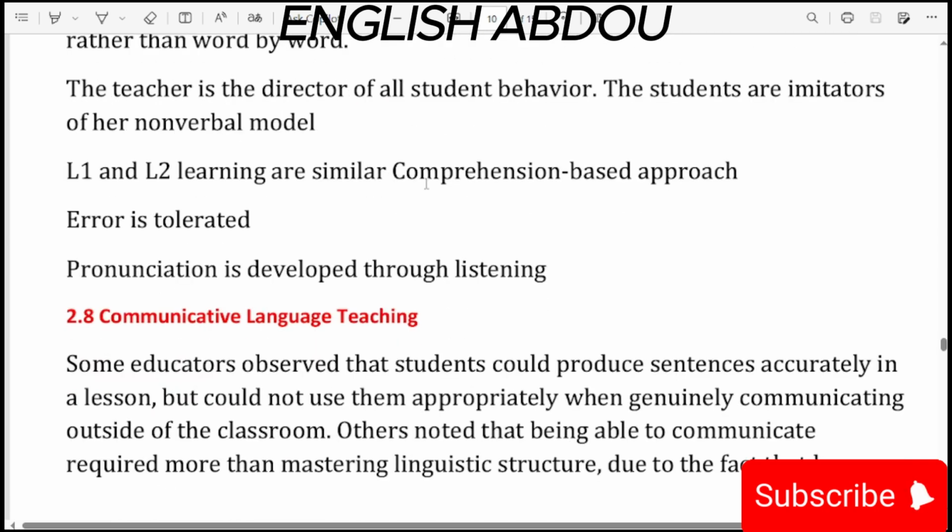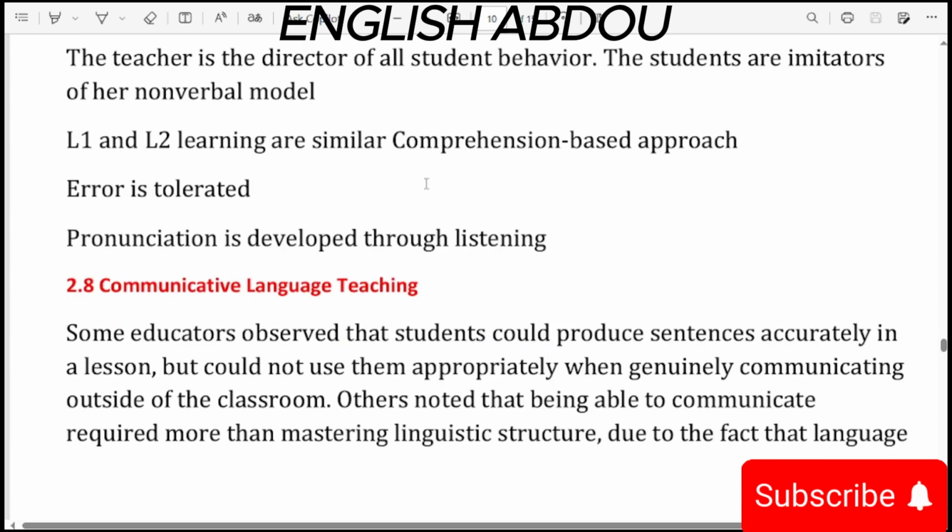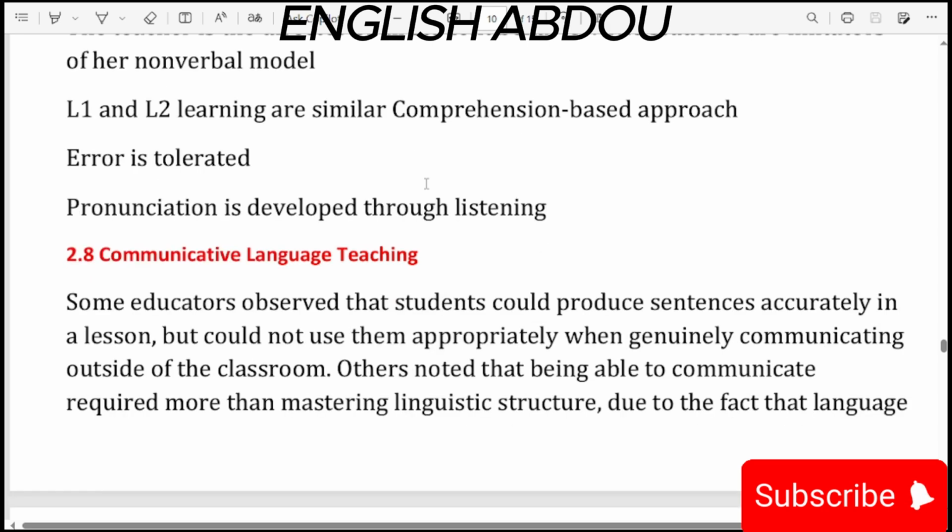L1 and L2 learning are similar, a comprehension-based approach. Errors are tolerated because students at this stage can make errors. Pronunciation is developed through listening, so pronunciation will certainly come when the students are ready to improve it. Errors are tolerated because they're still young, and this method is just used with kids in kindergarten.